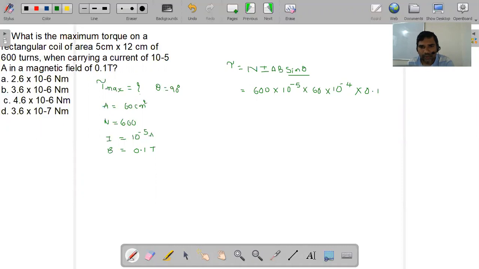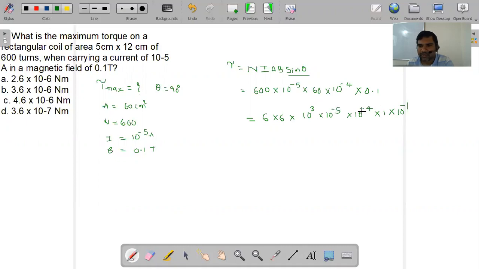So what we can do, see 10 10 10, and this 0.1 can be written as 1 into 10 power minus 1. So what I am doing here, 6 into 6 into 10 power 3 and we have into 10 power minus 5 into 10 power minus 4. So minus 4, minus 1, minus 5.